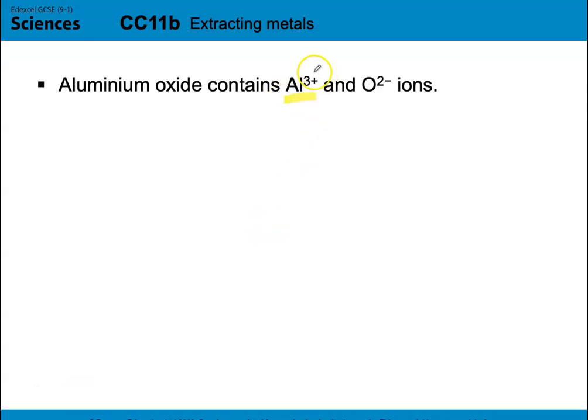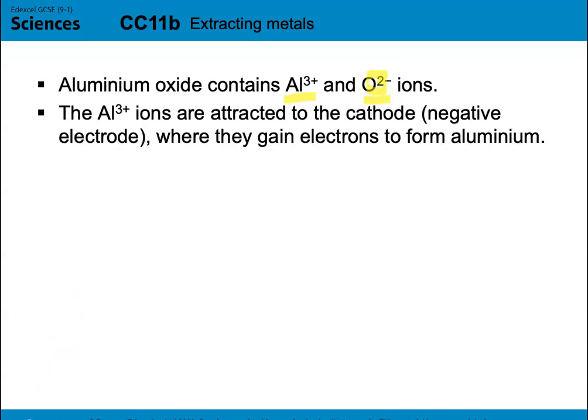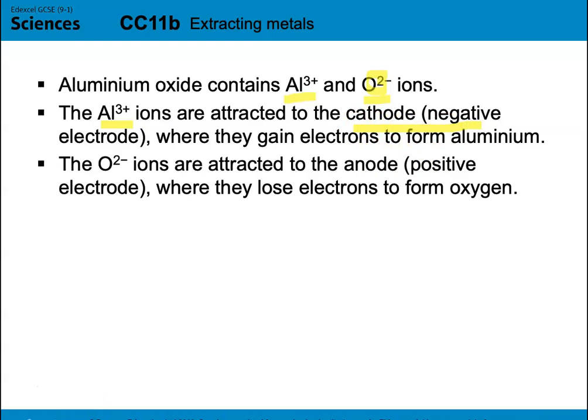It can lose 3 electrons to become Al3+. Oxygen is in group 6. It can gain 2 electrons to become O2-. So aluminium ions are positive. They will go to the negative electrode where they will gain electrons, and oxide ions are attracted to the anode, the positive electrode, where they will lose electrons.